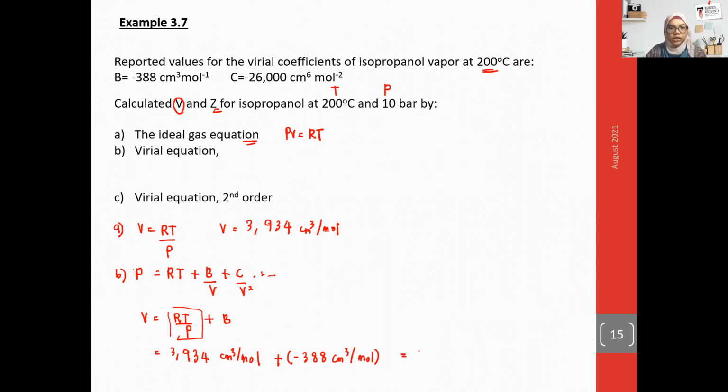So your answer is 3546 cm3 per mole. And then you may calculate the compressibility factor here. So Z here equal to PV over RT, right?